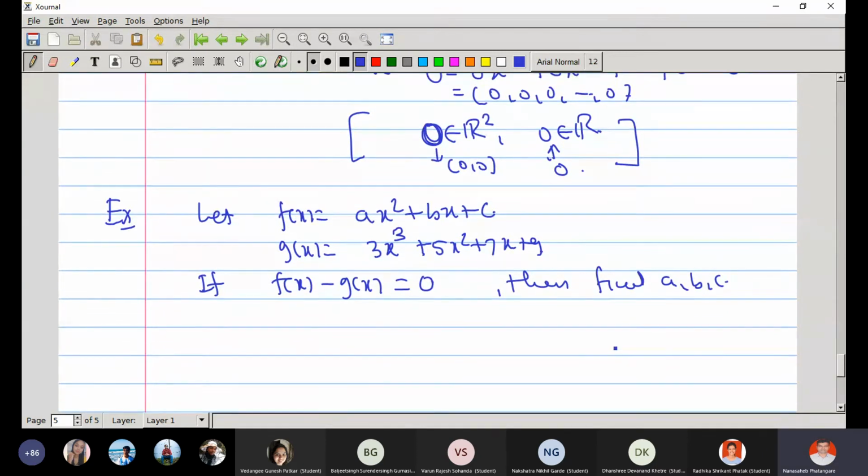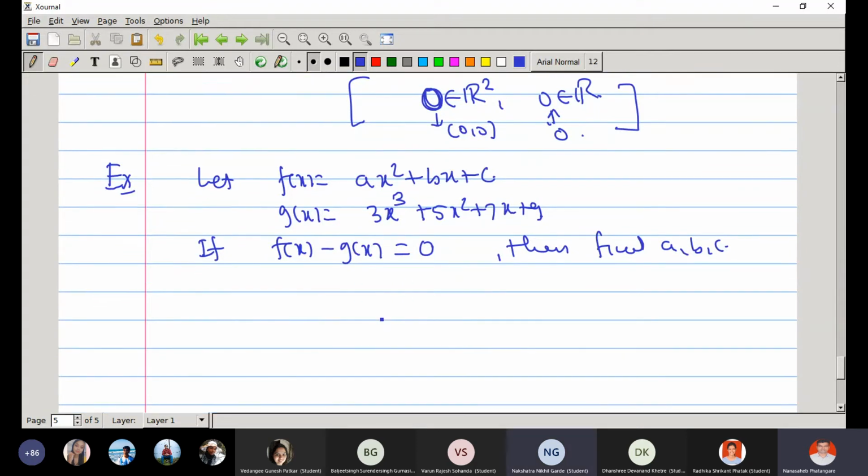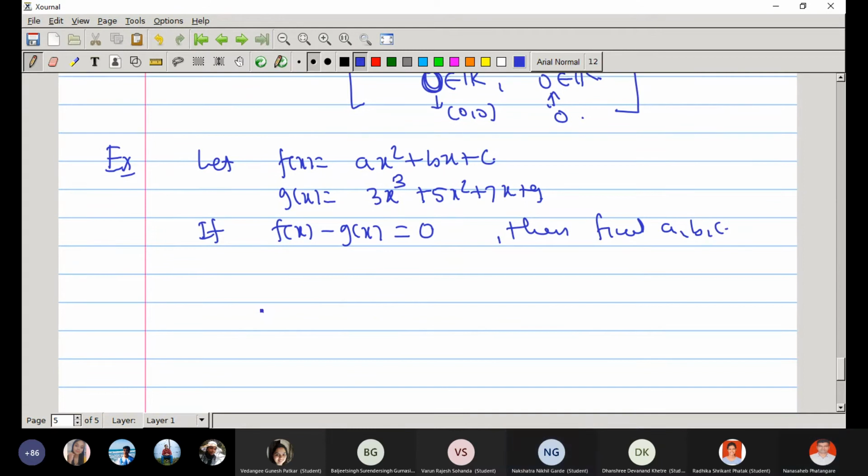Suppose it is given that the difference of the polynomials is the zero polynomial. Then what are the values of a, b, c, d? a is equal to 5, b is equal to 7, and c is equal to 9.